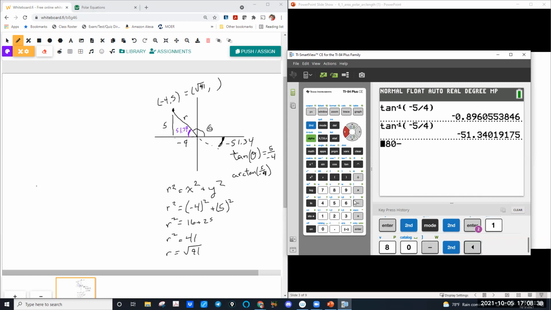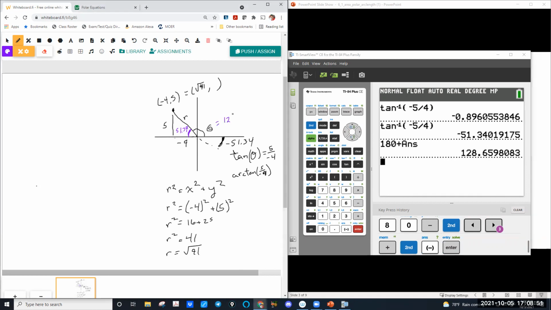Well, since it's negative, we could actually go ahead and add it. So plus that answer would be our angle in degrees: 128.6598 degrees.